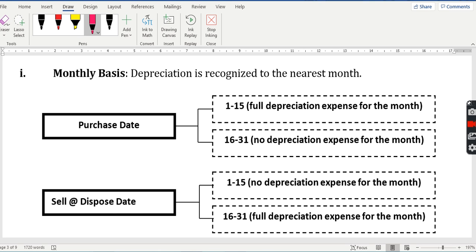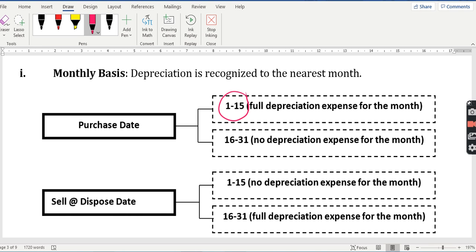If the asset is bought in the early part of the month, between the 1st until the 15th of that particular month, the depreciation for that month will also be included in the depreciation expense for the whole year until the closing date.